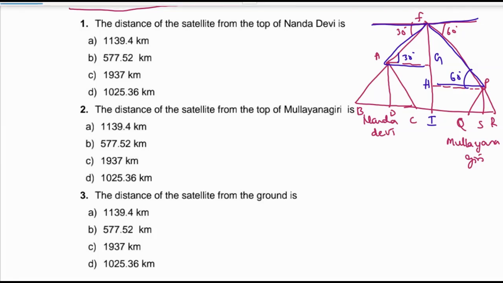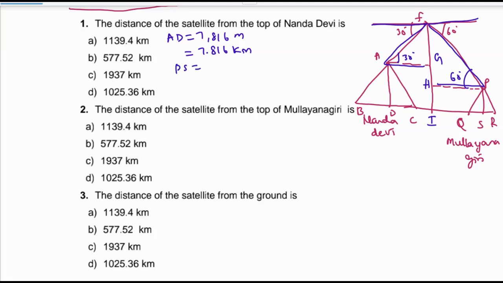Now we have to find the distance of the satellite from the top of Nanda Devi. They have given AD as 7,816 meter. Converting into kilometers, we divide by 1000, so you get 7.816 kilometers.